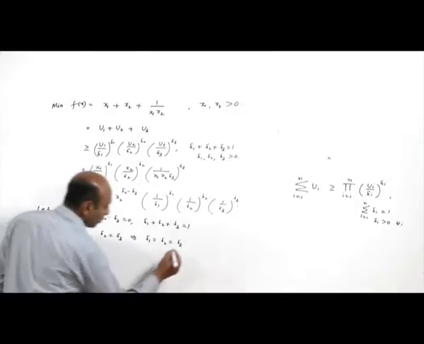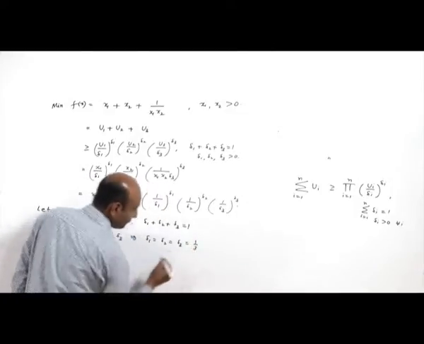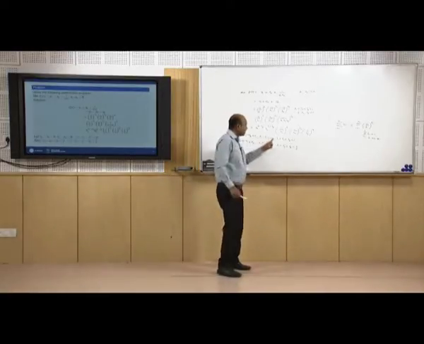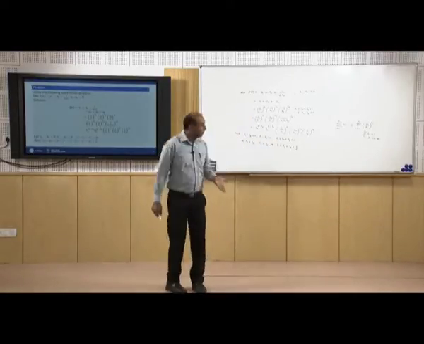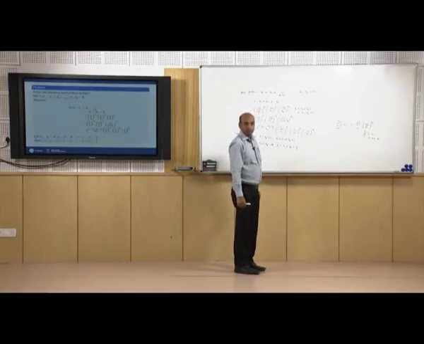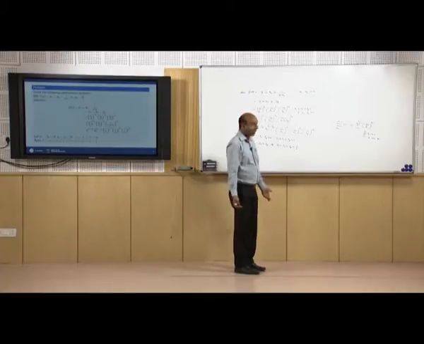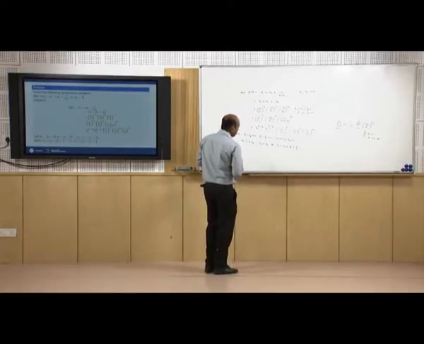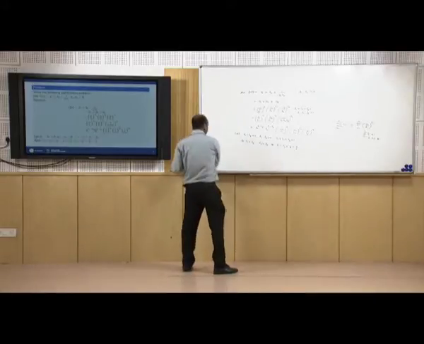So, this means each is equal to 1 by 3. Basically, we have 3 unknowns with 3 equations. So, we are getting a unique solution, and the right hand side is also fixed.